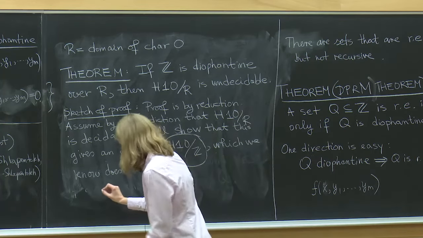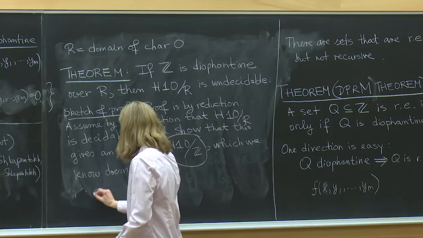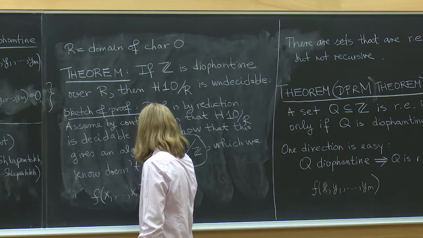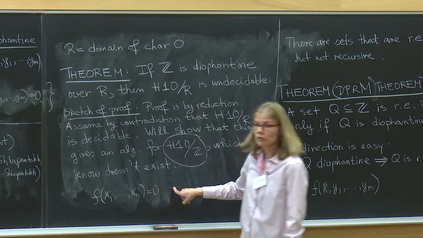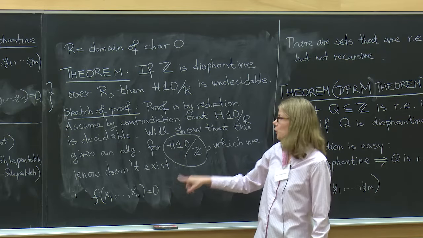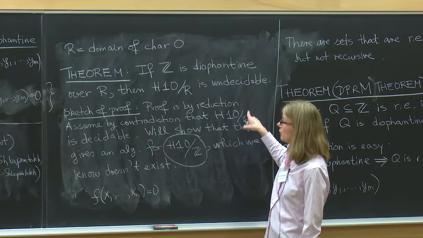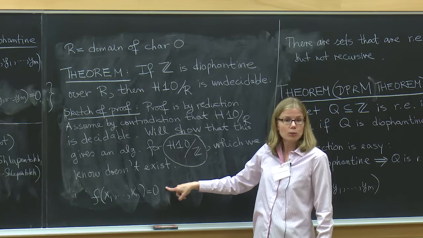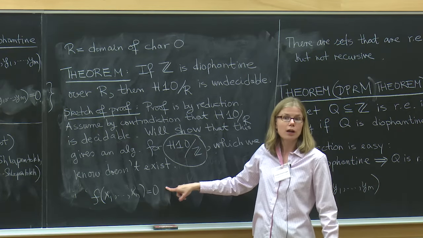So that means we're going to give ourselves some polynomial equation with integer coefficients, and we want to somehow use the algorithm for R and the Diophantine definition. As a first step, we can just ask, does this have a solution over R?